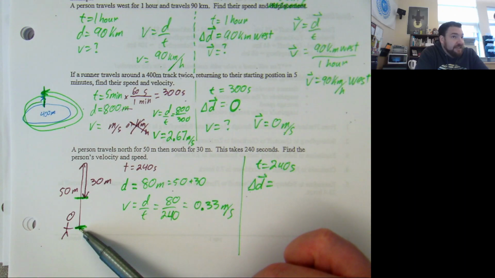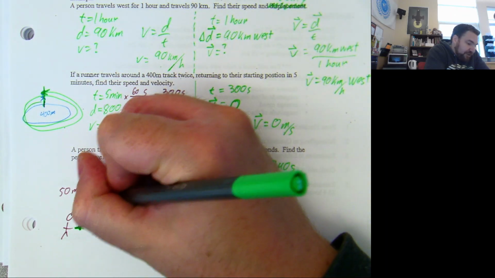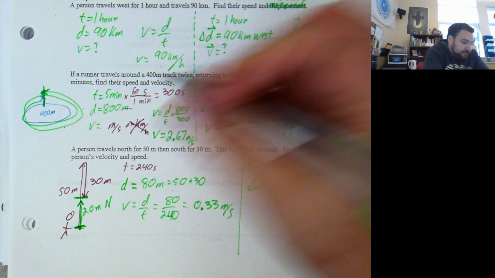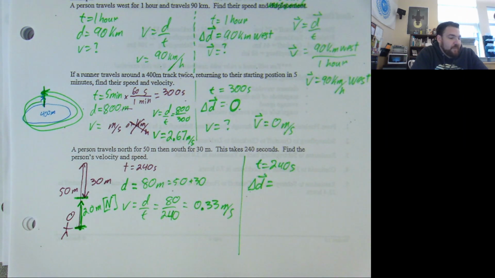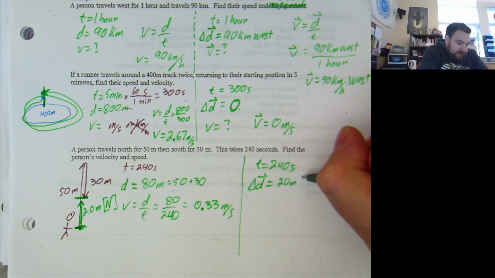Displacement is a vector, it needs a direction. From where it started to where it ended is 20 meters north. So that is going to be our displacement: 20 meters north.